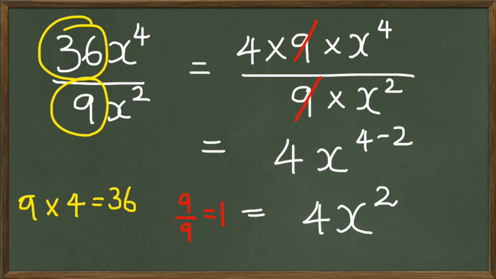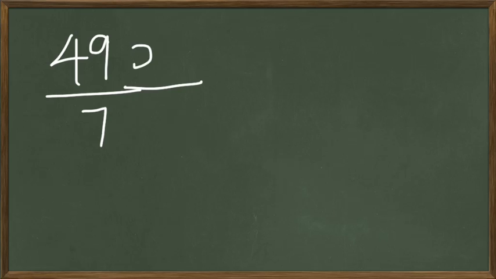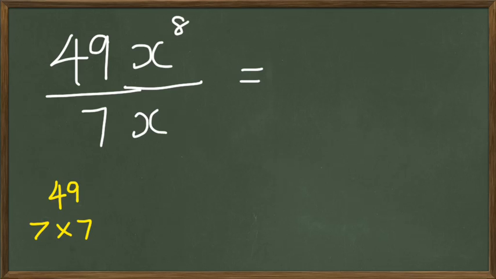Okay, I'm going to do another example here. So try and do it quicker this time. What if we have something like 49x to the power of 8 over 7x? Well, we know that 49 could be written as 7 times 7.